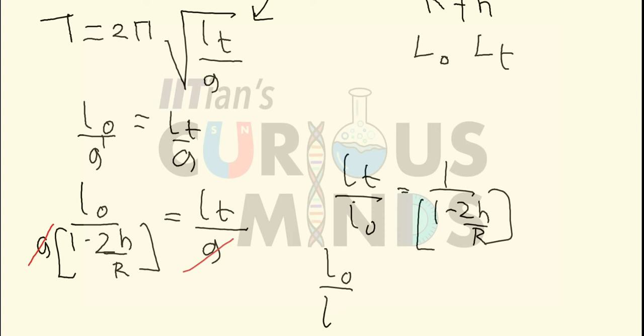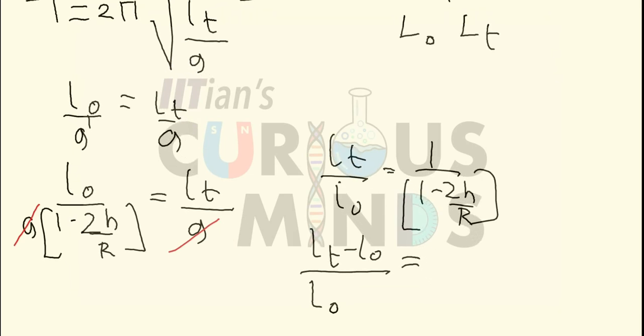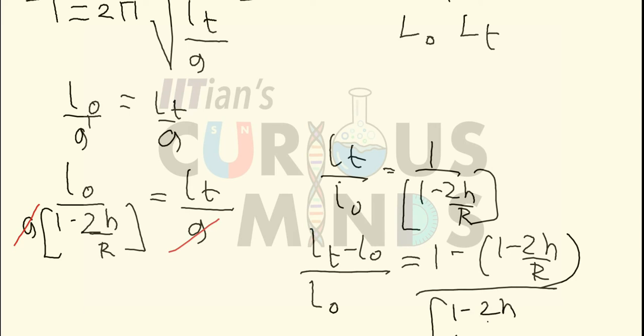If I subtract 1 from both sides, LT minus L naught divided by L naught will be equal to 1 divided by 1 minus 2h by r, minus 1.